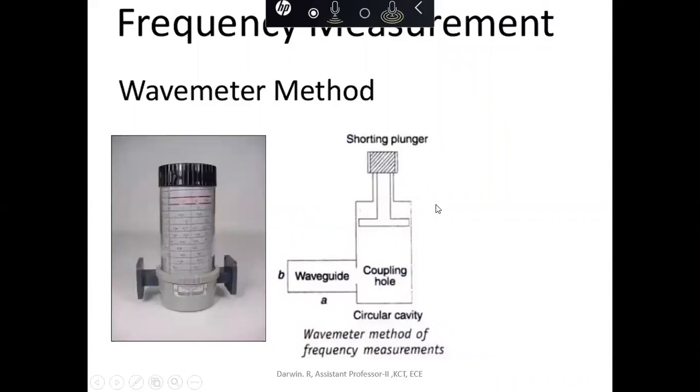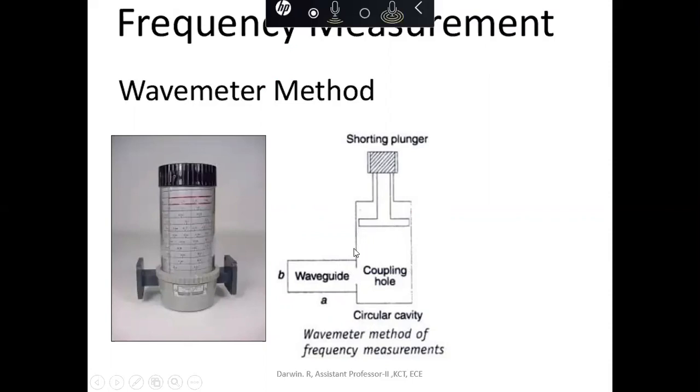We don't know what is happening inside. What happens inside is the short circuit plunger will go in and out. If you rotate the wave meter top in clockwise direction, this short circuit plunger will move inside, and if you move it in the opposite direction, it will come out. So the cavity space is getting varied for each and every rotation.